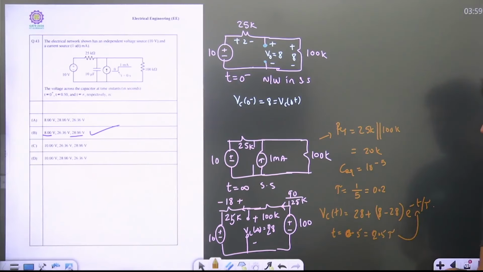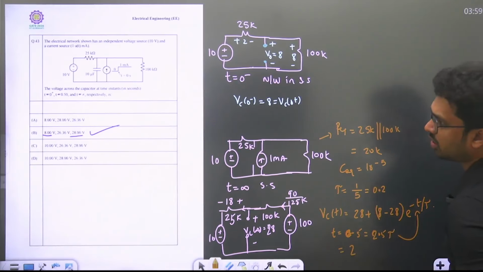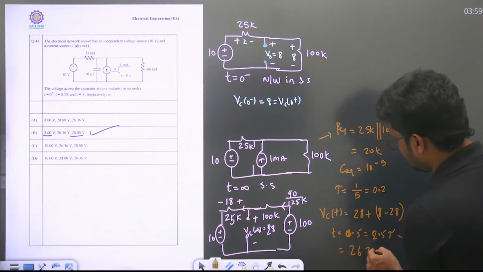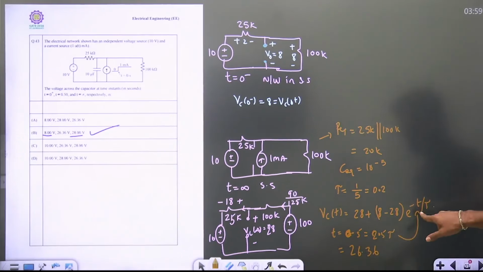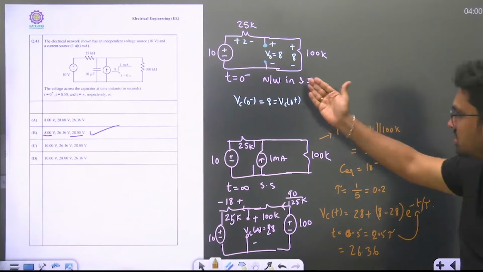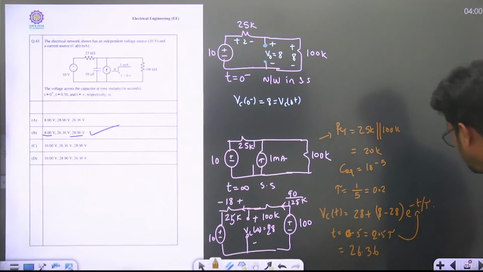Substitute here t equal to this much and you get 26.36 or whatever. Tau is 0.2. Substitute t equal to 0.5; 0.5 by 0.2 gives 2.5. You'll get the final answer. Instead of this calculation, just find the initial and final values, that is sufficient.